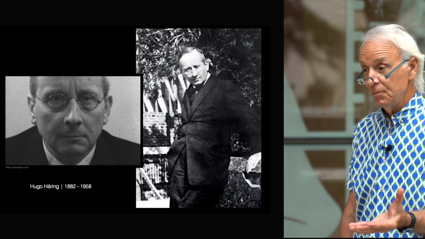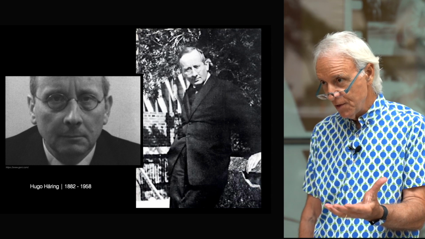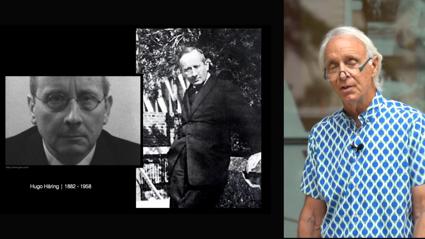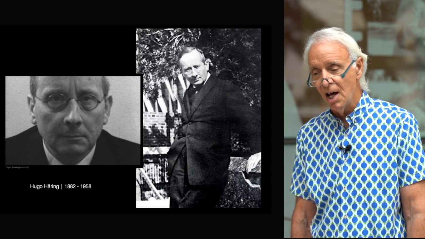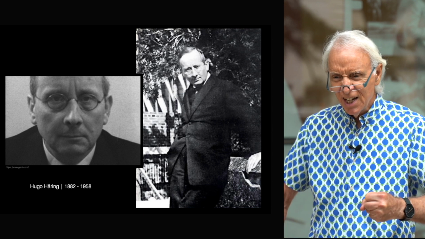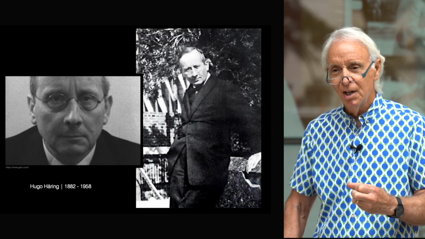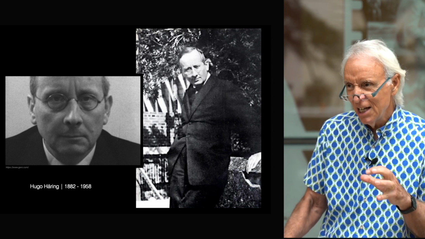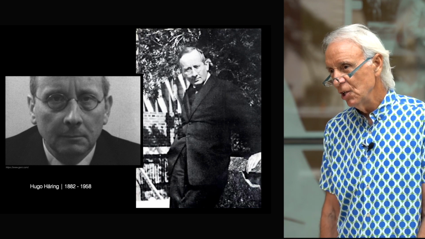And Hugo Häring was very involved in one of them called Der Ring. He was an officer in Der Ring. He wrote articles a lot in their publications. So he's this very kind of outspoken, but physically kind of tiny, nebbish looking guy.